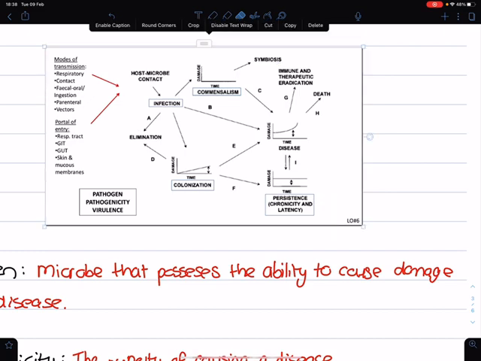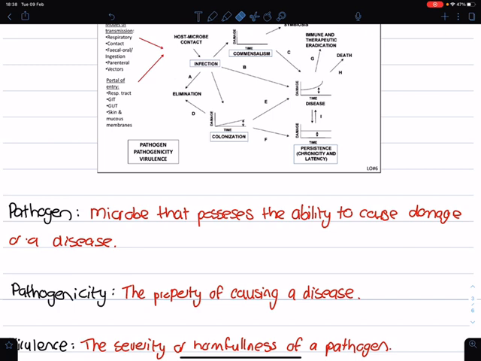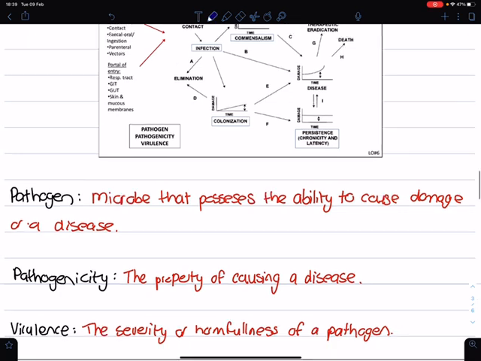Okay, then moving on. There are also three definitions that you have to know: pathogen, pathogenicity, and virulence. A pathogen is a microbe with the ability to cause a disease or damage. Virulence is the microbe's severity, the harmfulness that the pathogen possesses.